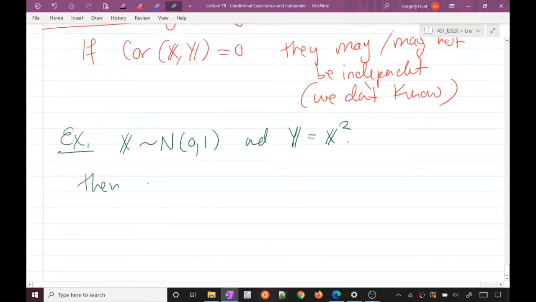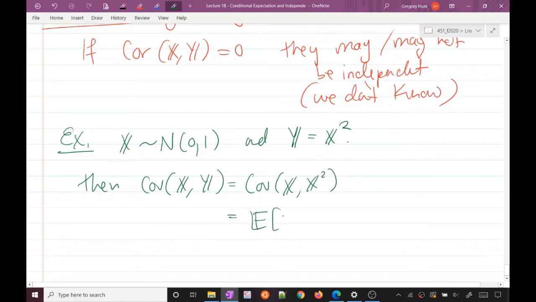Then the covariance of x and y is the covariance of x and x squared, which is the expected value of x times x squared minus the expected value of x squared times the expected value of x.